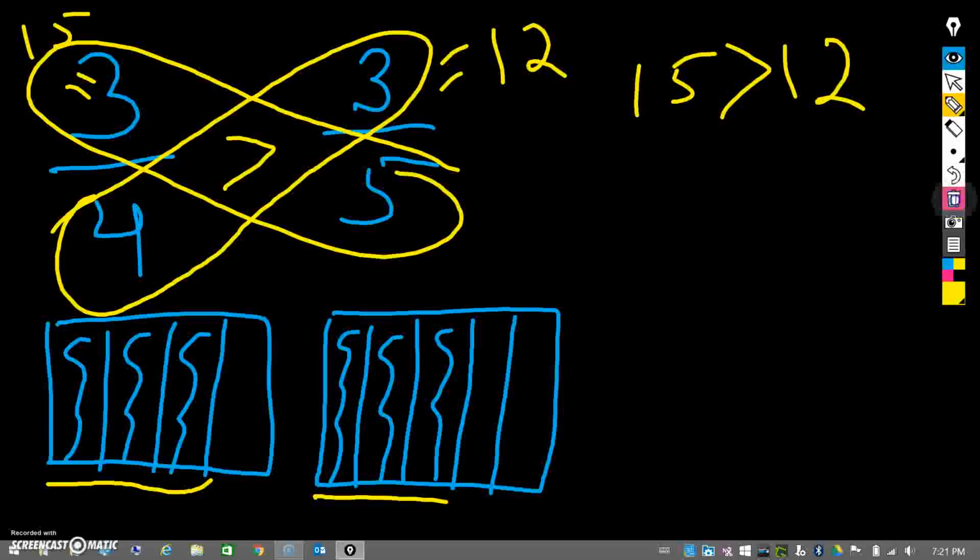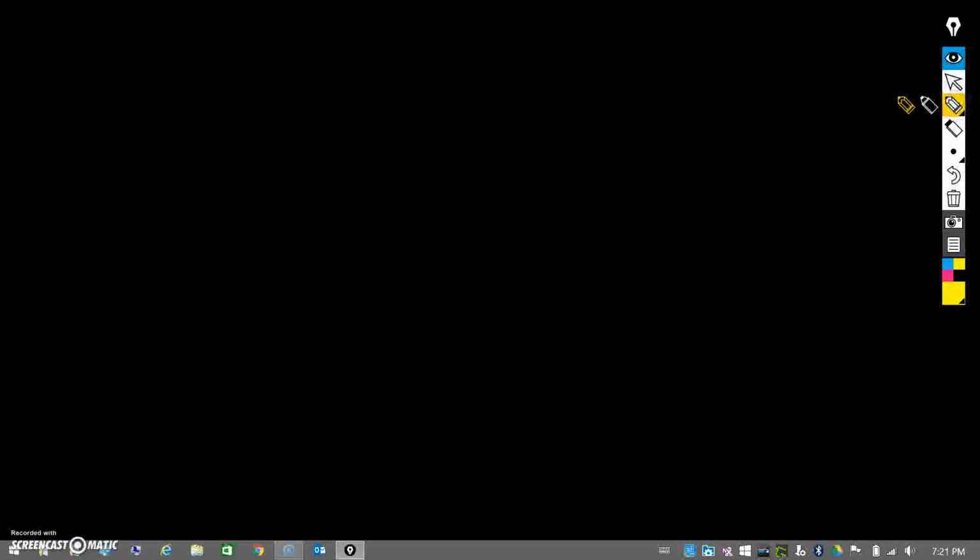Okay, so now, for the sake of time, let's move on to improper fractions and mixed numbers. When we're doing fractional parts, we sometimes had fractions like this. 7 out of 4, 7/4. Now, this is called an improper fraction. And that's because it's just not written right.